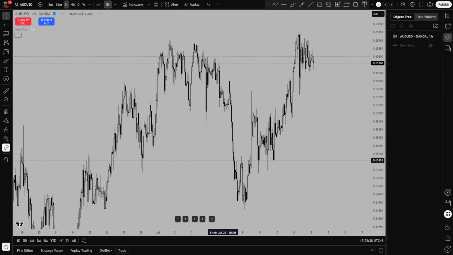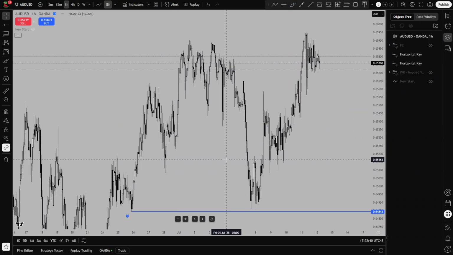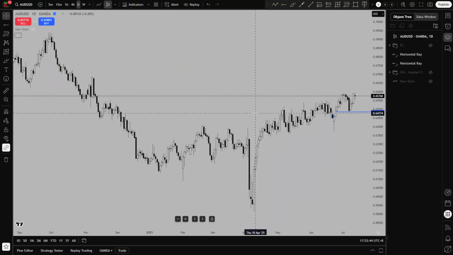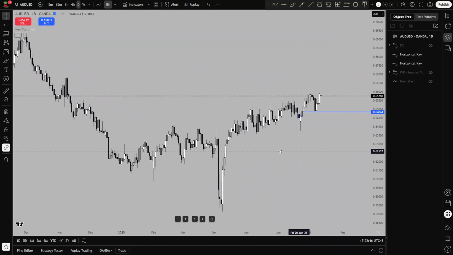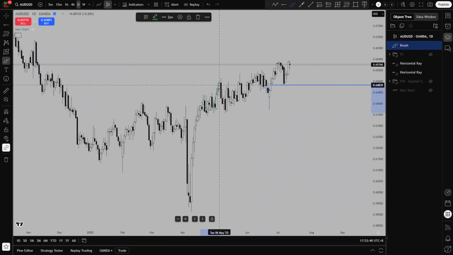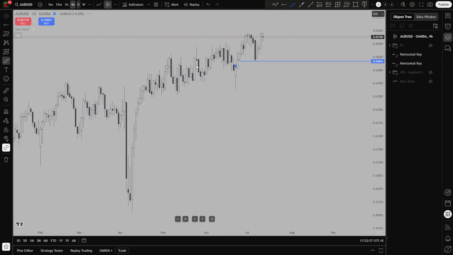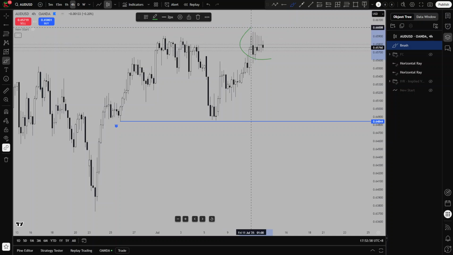Australian dollar US dollar on the daily time frame, we can see the whole area here is also very corrective. We got some impulsive move to the downside, which is then retraced fairly fast. And on the lower time frame, we have non-progressive price action on the 4 hours.